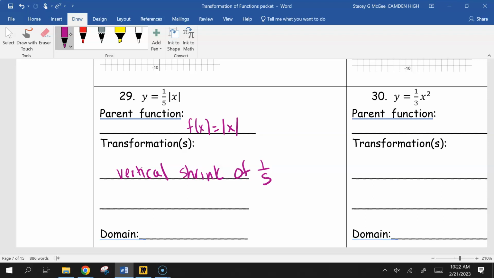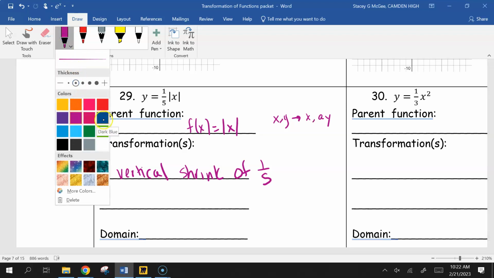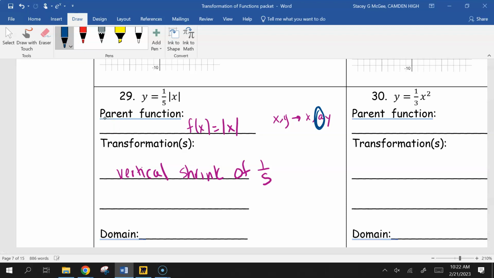Now look at your little cheat codes in the far right column of your green sheet. For a vertical shrink, it says you take x, y and it becomes what? X, AY. Well, what's that saying? This A is this number.